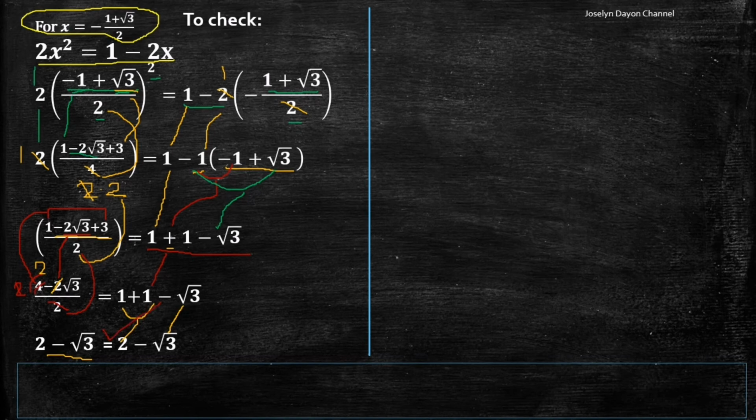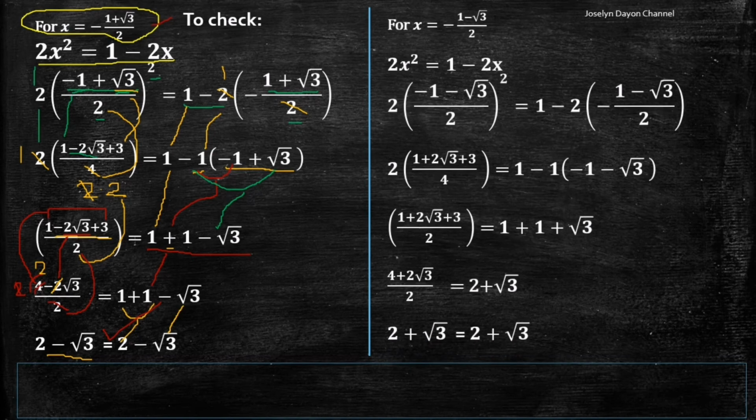4x equals negative 1 plus square root of 3 all over 2. Now how about 4x equals negative 1 minus square root of 3 all over 2. Same process. Copy the original equation.